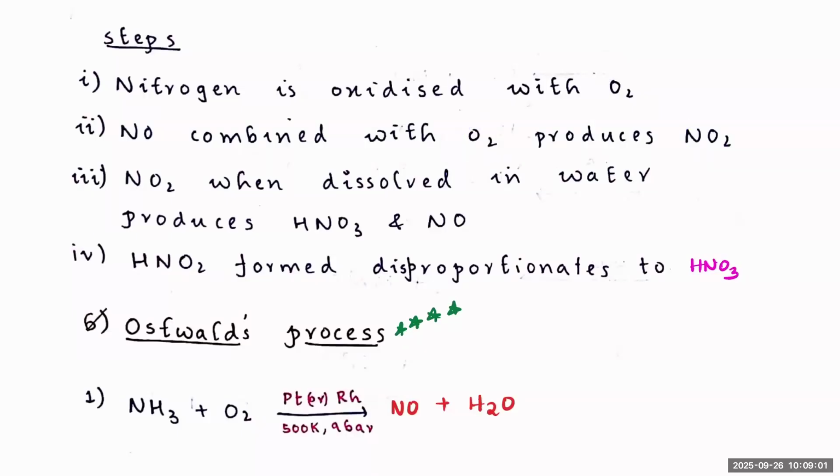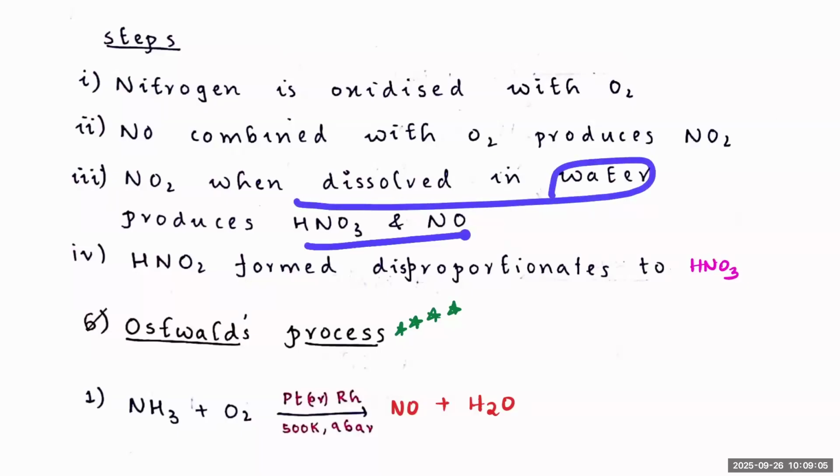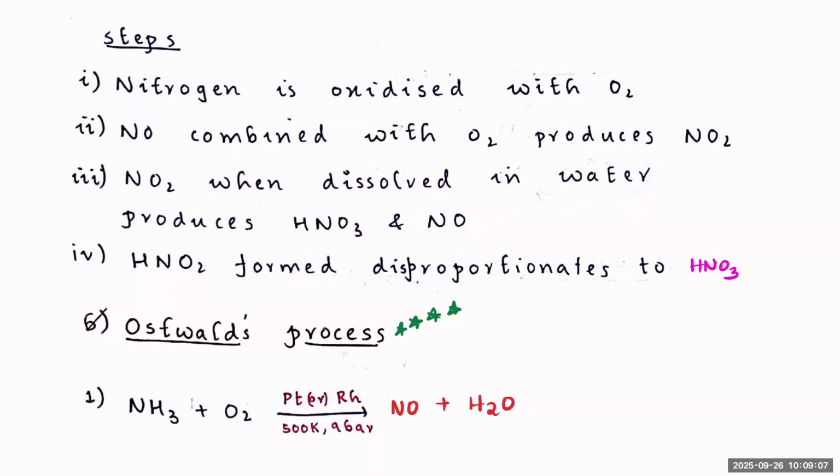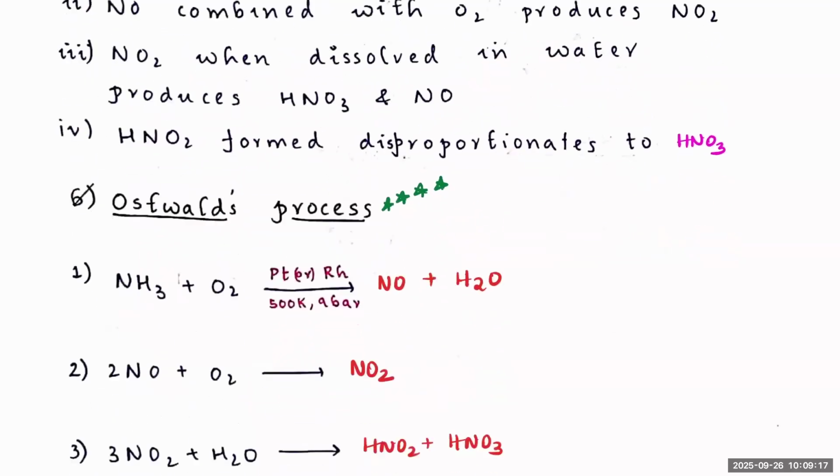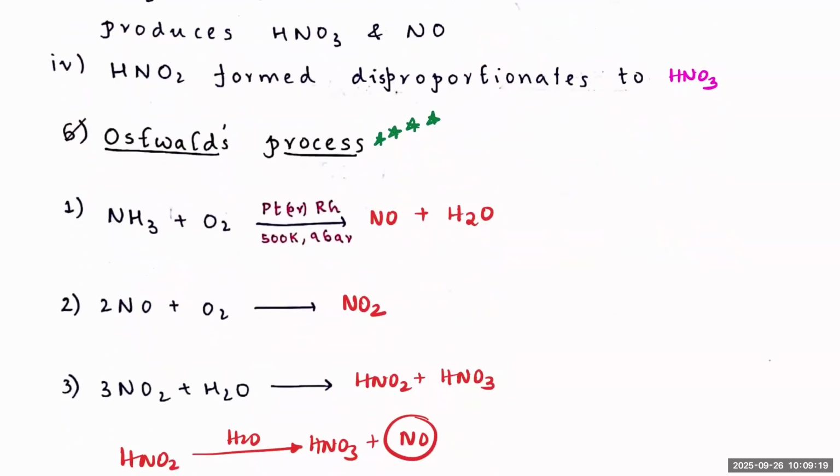NO2, when you dissolve it in water, produces HNO3 and NO. HNO2 formed will also disproportionate to HNO3. These are all the main steps that are happening.